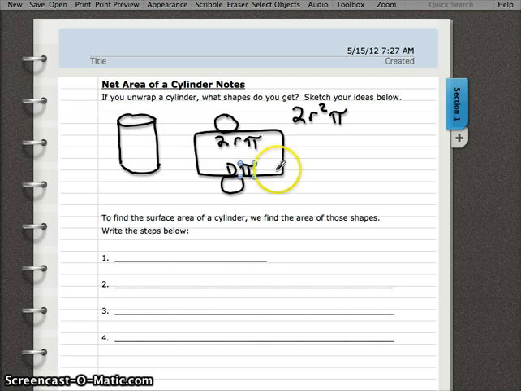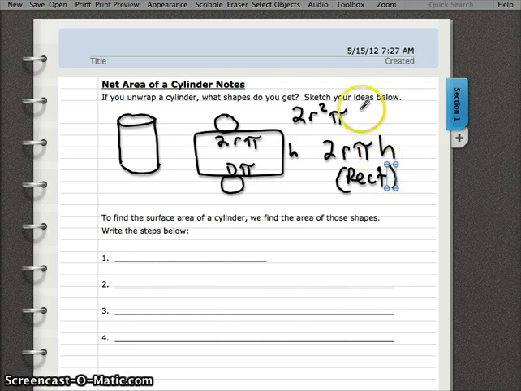Either way, that's the length or the base of your rectangle. The height is generally given to you because it's the height of the cylinder, so you could put that right there. So the area of your rectangle is 2 times r times pi times h. It's kind of a weird formula for the area of a rectangle, but there it is.